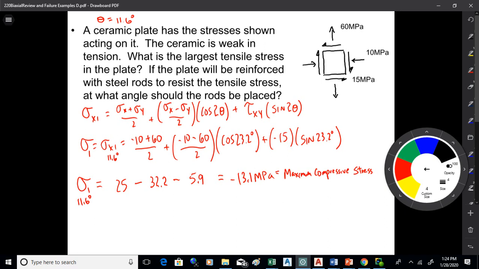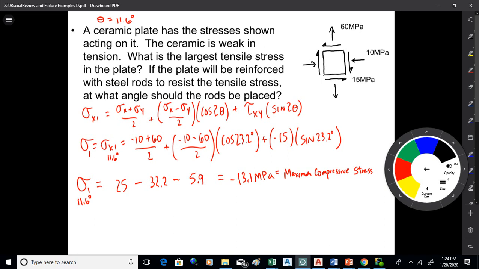Now, from a mathematical definition, you might call that the minimum stress, but from my engineering perspective, that's what I would call the maximum compressive stress. It's the most negative stress. If I'm designing for compression for some reason, that's what I'm going to design for. So even though mathematically it's the minimum stress, I might express it a little differently when I describe it.